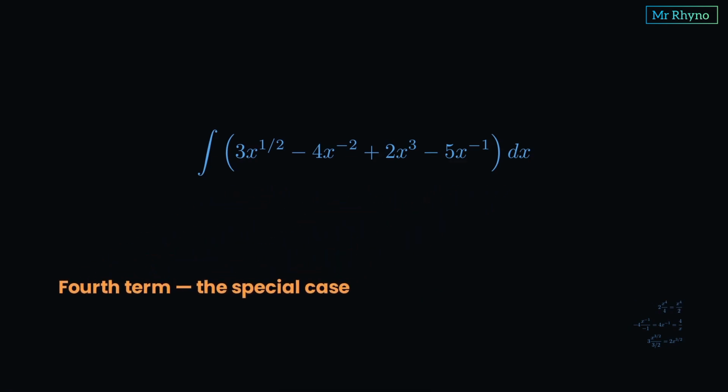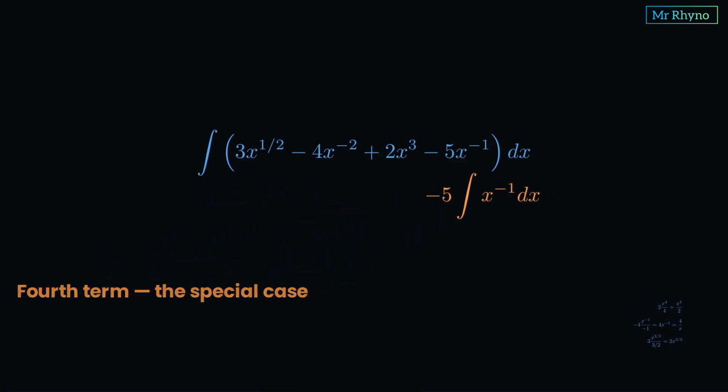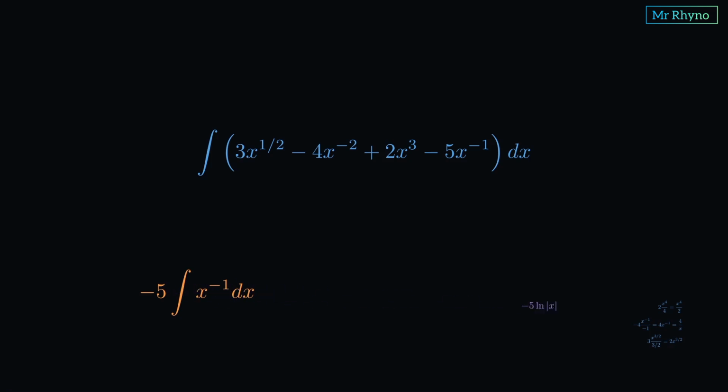Fourth term, this is the special case. Negative 5 times the integral of x to the negative 1 dx. Therefore, negative 5, natural log of the absolute value of x. Now combine everything. 2x to the 3 halves plus 4 over x plus x to the fourth over 2 minus 5 natural log of the absolute value of x plus c.